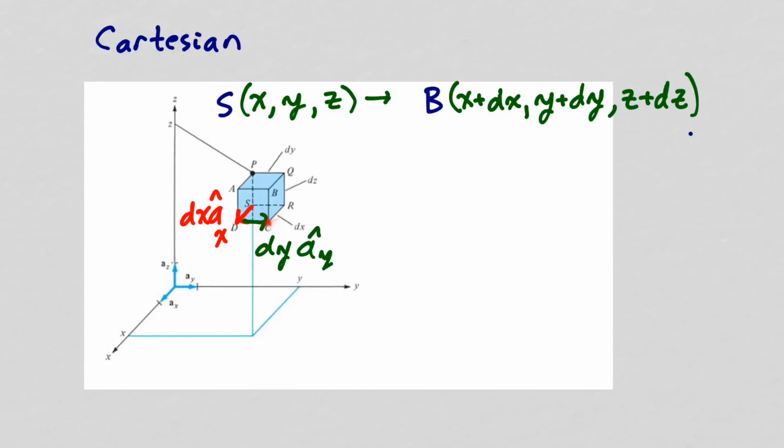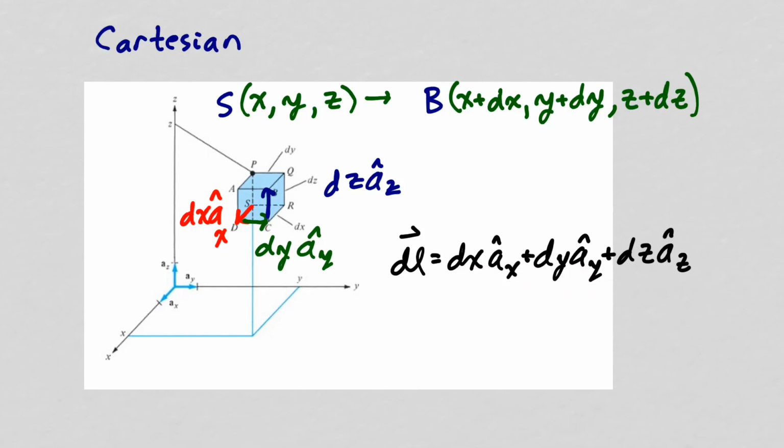Going from z to z plus dz, we can define another vector of length dz in the z direction. Our differential length will be the vector that points from our starting point at S to our final point at B, and it will just be the vector sum of these three differential vectors.